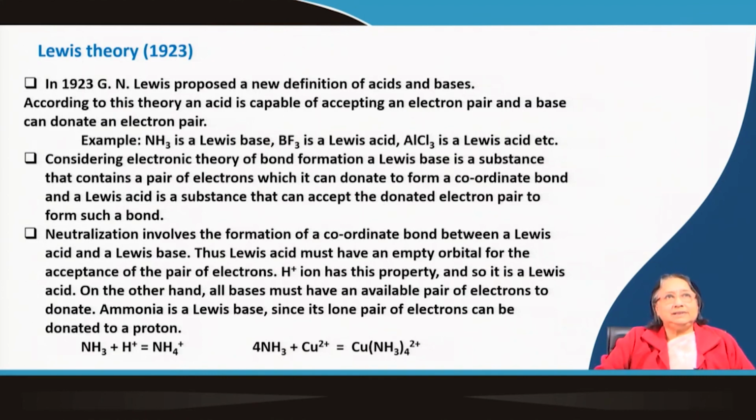Now comes the Lewis theory. The Lewis theory was also given in 1923, where G. N. Lewis proposed new definitions of acids and bases. This is very simple. According to this theory, a base is something which can donate an electron pair, and an acid is something which is capable of accepting an electron pair.